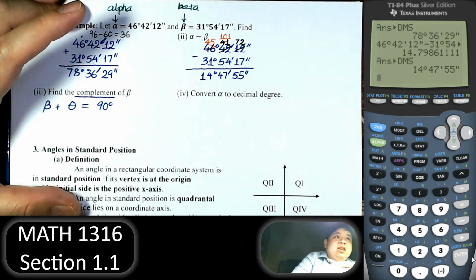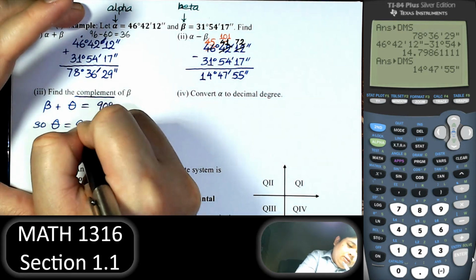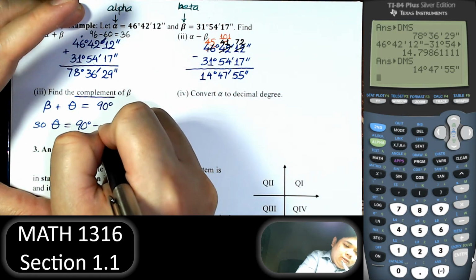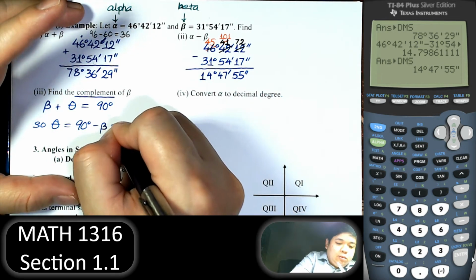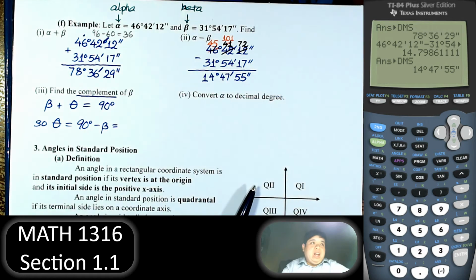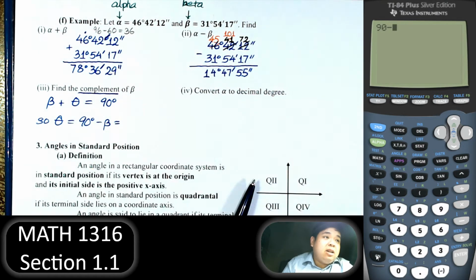So we just take 90 degrees minus that. Right, we have to be a little careful here. Let's say we have 90 minus beta. Yeah, that might not be right here.